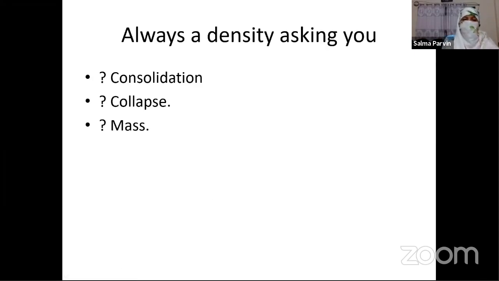Whenever you see a density in the X-ray chest, I'm especially highlighting X-ray because this is a very elementary investigation you are used to face in clinical practice and also in the periphery everywhere, where you will have a black sheet of X-ray. So we are trying to make you oriented on X-ray first.